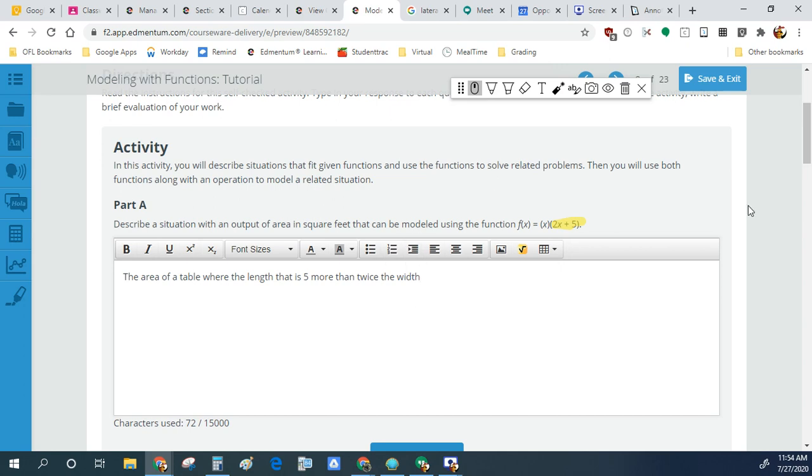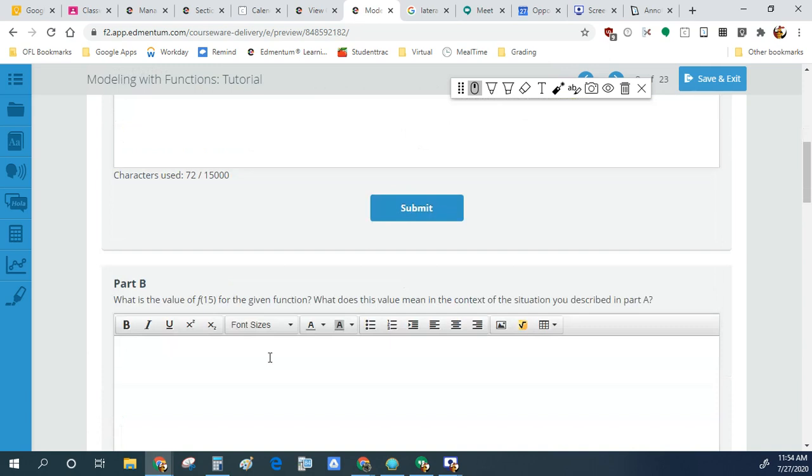But I don't want to say 2 times plus 5 extra, so I'm going to say 5 more than twice the width. Does that make sense, guys? Representative Nick is making sense? Cool.